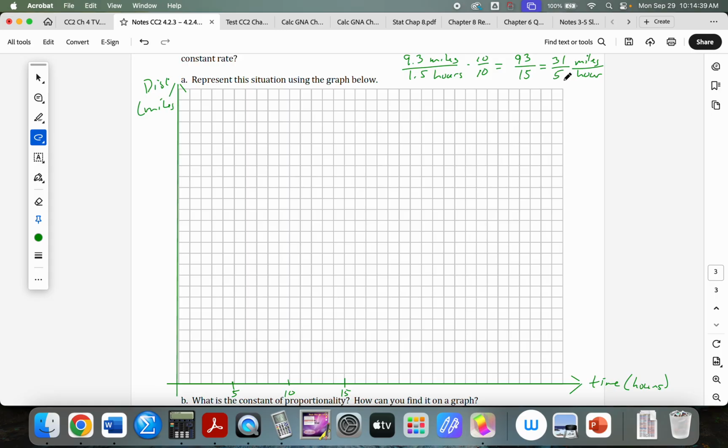I need to go up to 93. So what do you think? If we go by 5s on these, will this be enough? If every one of them is 5, I think that will be.